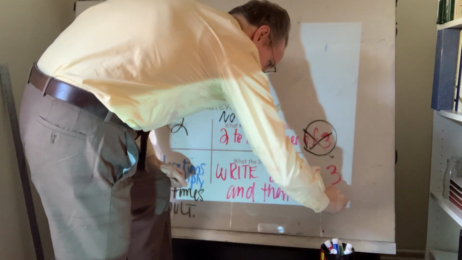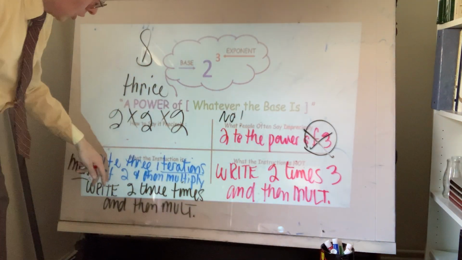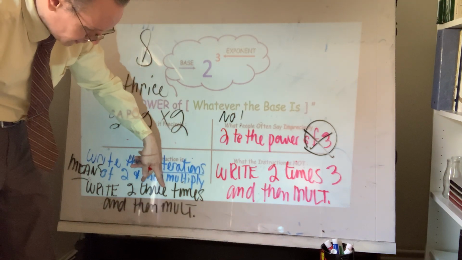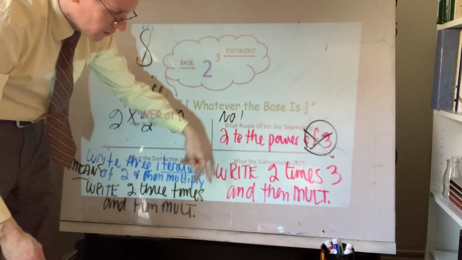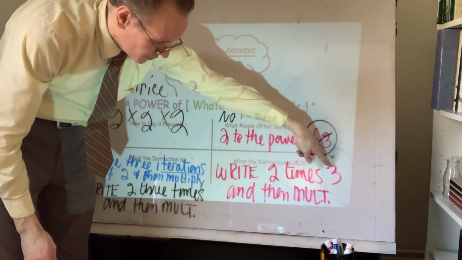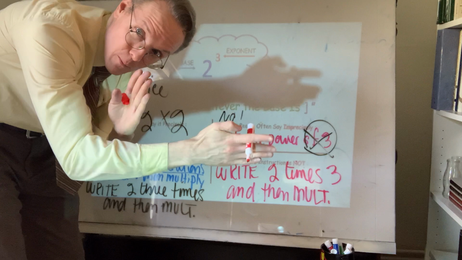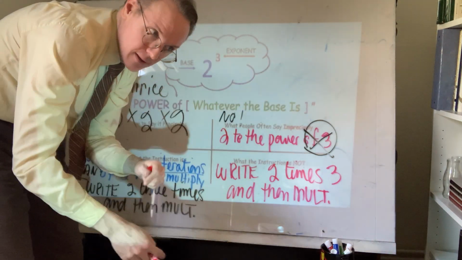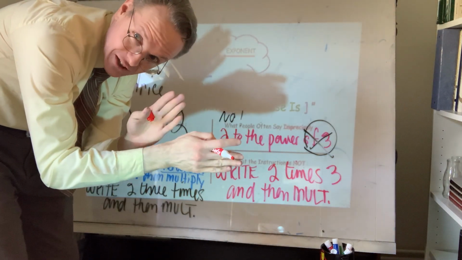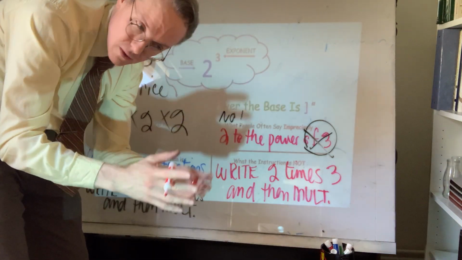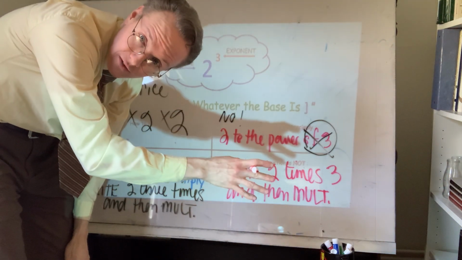Now, the same words are being used. Write 2 times, and then there's the word spelled out for 3, and then multiply. They're the same exact words in a different arrangement. You have to be precise, and you have to encourage and teach precision to a little kid. It's very important insofar as mathematics is concerned.